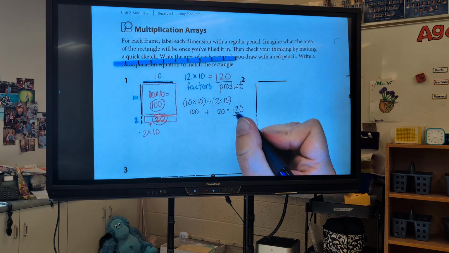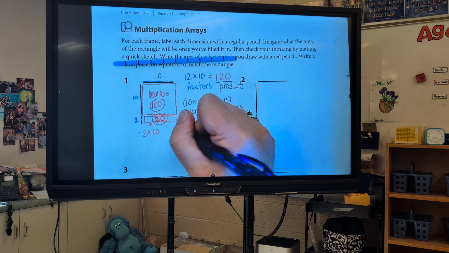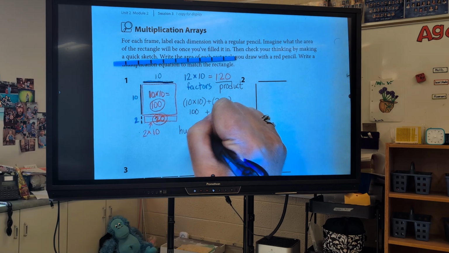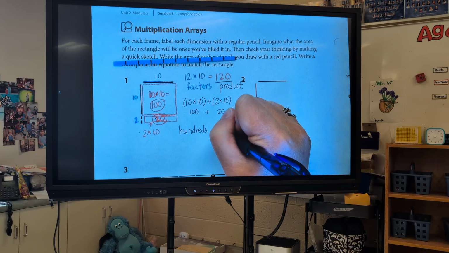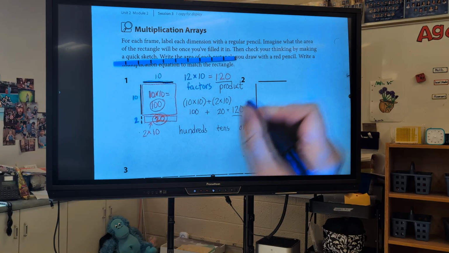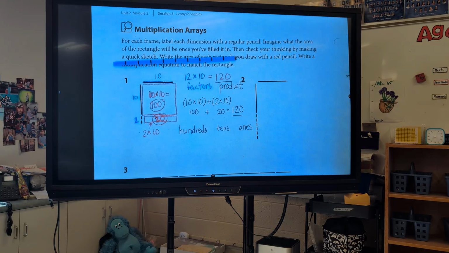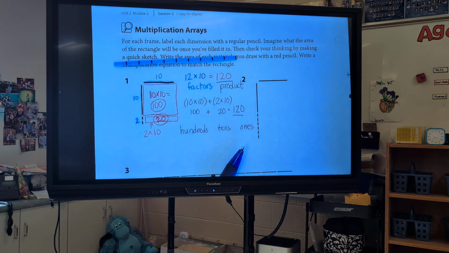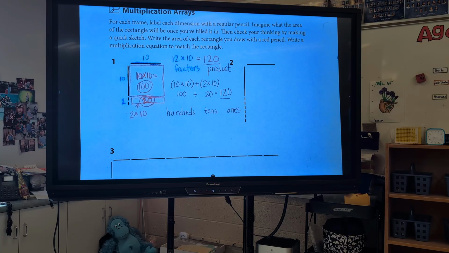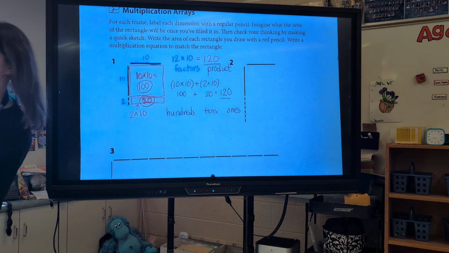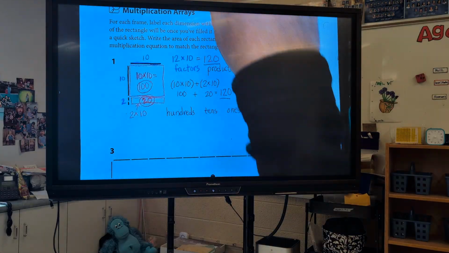When you're solving that, I want you to think about it in terms of the place values. So I'm going to write hundreds here, tens here, and ones here. And I'm going to ask myself, how many hundreds did I have? So like we said, we had one mat in here, which would be 100 squares.